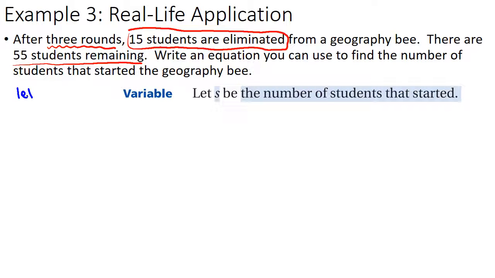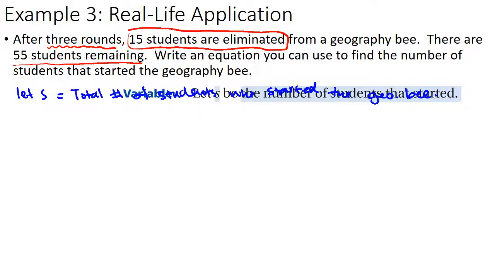So we're going to let S equal the total number of students who started the geography bee.